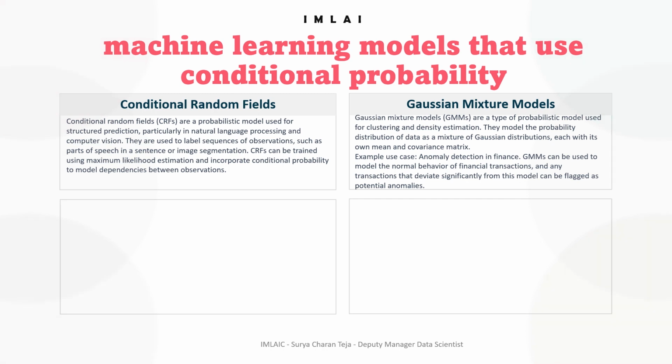GMMs are a type of probabilistic model used for clustering and density estimation.